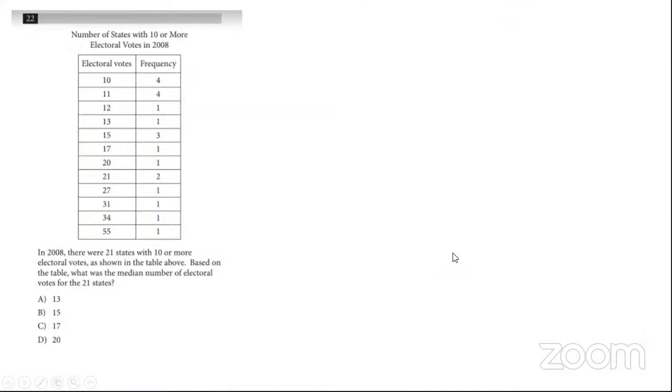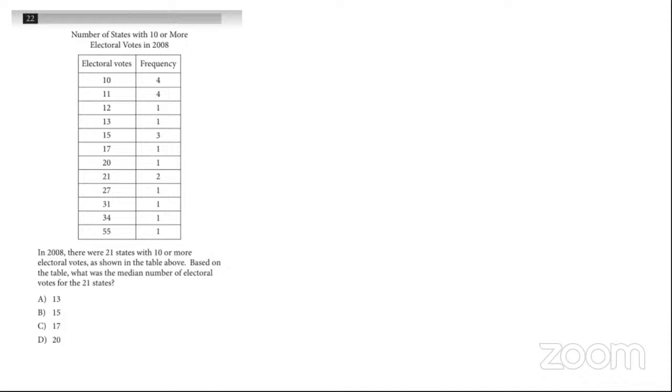So, is my screen visible? Okay. So in the last class, we stopped at question 21. Let's start with 22. Read the question. Basically, we are given a table wherein we have the data.